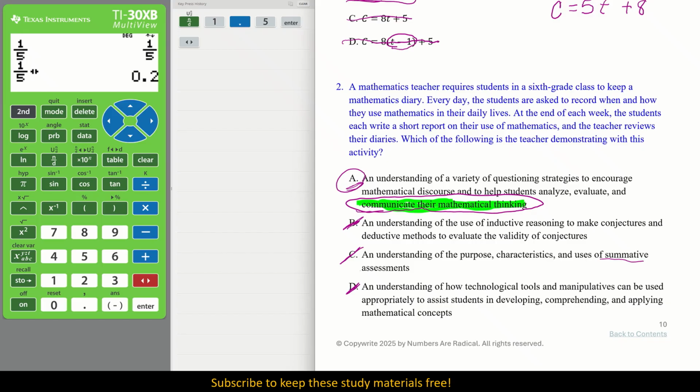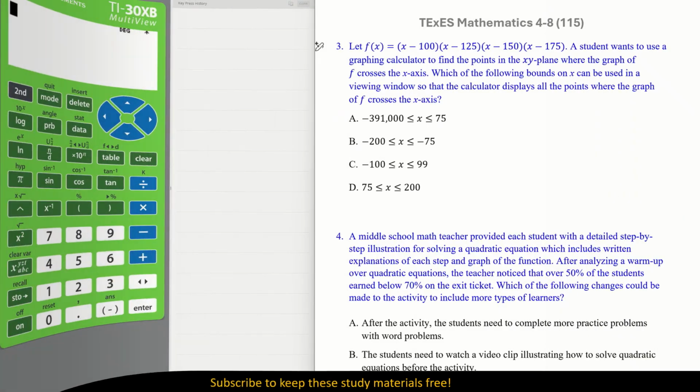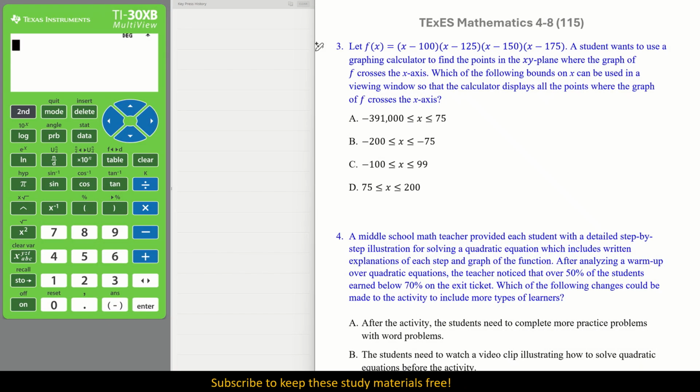Okay, let's go to number 3. Number 3, let f of x equal (x minus 100)(x minus 125)(x minus 150)(x minus 175). A student wants to use a graphing calculator to find the points in the XY plane where the graph of f crosses the x-axis.